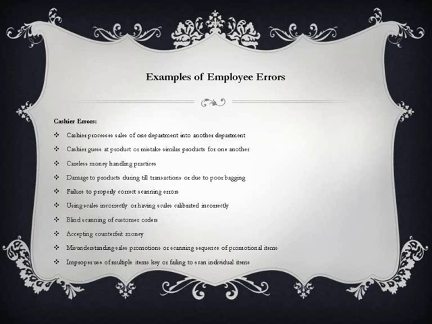Using scales incorrectly or having scales calibrated incorrectly. Blind scanning of customer orders. Accepting counterfeit money. Misunderstanding sales promotions or scanning sequence of promotional items. Improper use of multiple items key or failing to scan individual items.